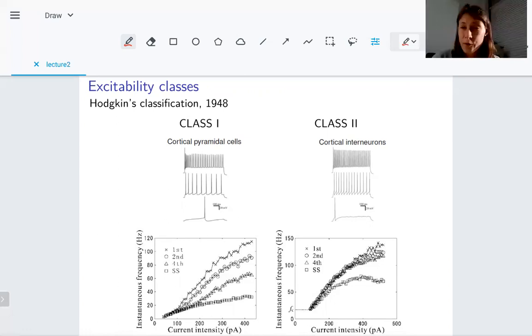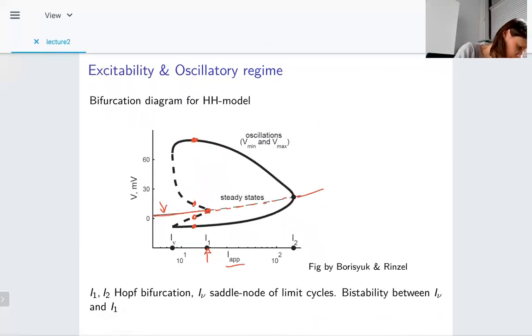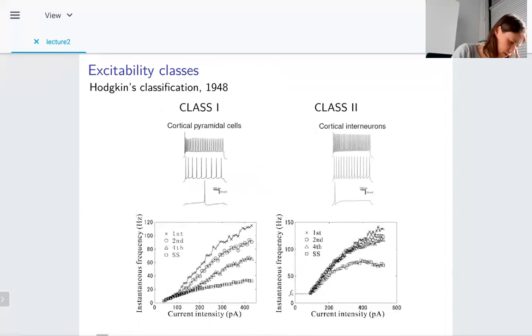In 1948, Hodgkin, who is the same scientist of the Hodgkin-Huxley model, studied experimentally the responses of excitable membranes when injecting steady currents, and looking at the response of these membranes.